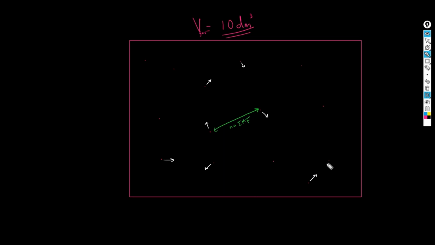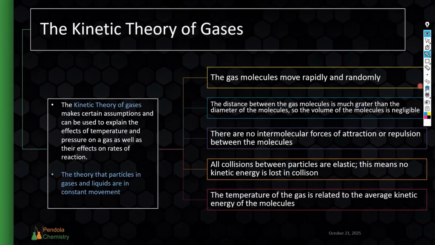Or if these particles are heading in the same direction, they will get close, but they will quickly, because they're moving randomly and rapidly, move past each other so the intermolecular forces wouldn't form. So the third assumption of the kinetic molecular theory is that there are no intermolecular forces between these particles, either of repulsion or of attraction. And so they move independently of each other randomly.